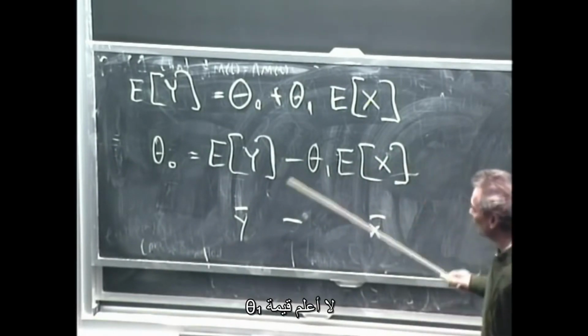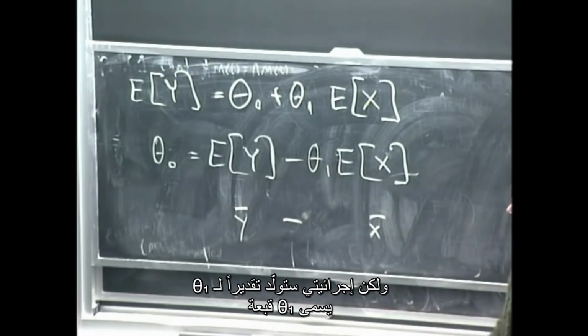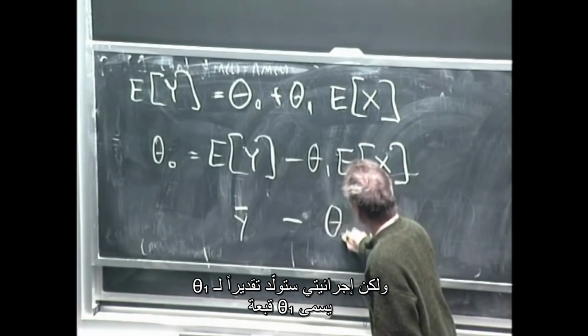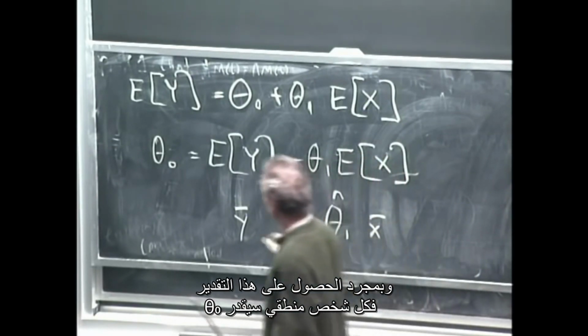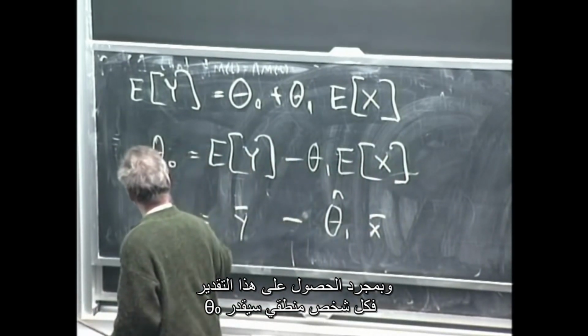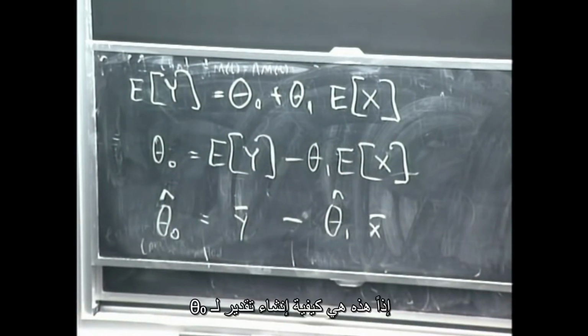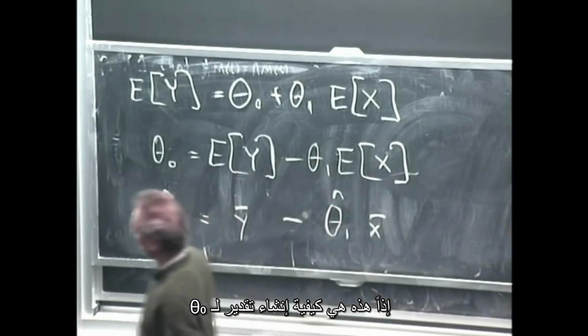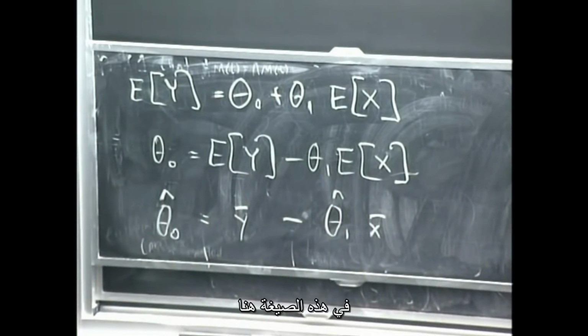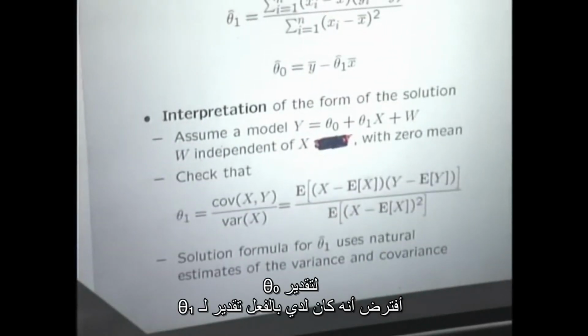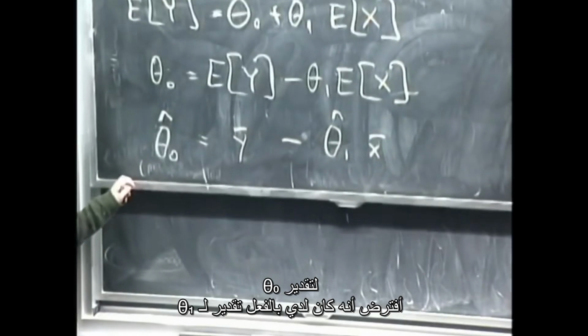Now, I don't know what theta 1 is, but my procedure is going to generate an estimate of theta 1, call it theta 1 hat. Once I have this estimate, a reasonable person would estimate theta 0 in this particular way. So that's how my estimate of theta 0 is going to be constructed. It's this formula here. We have not yet addressed the harder question, which is how to estimate theta 1 in the first place. To estimate theta 0, I assumed that I already had an estimate for theta 1.